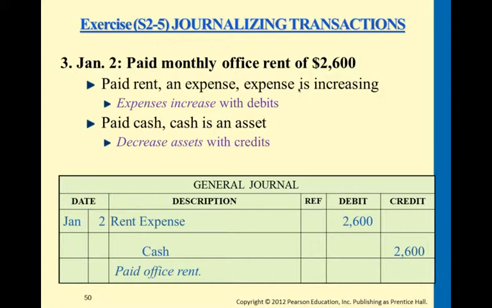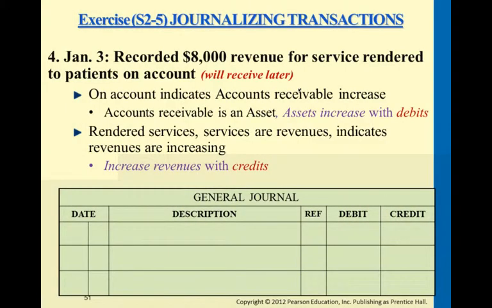Okay, moving on. Last one here, we record $8,000 revenue for service rendered to patients on account. So we provided services to a customer. It could be any type of service, depends on the business. We recorded $8,000 of service revenue, and this service is provided on account.